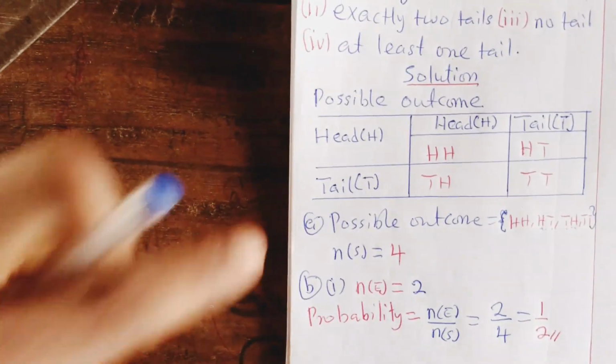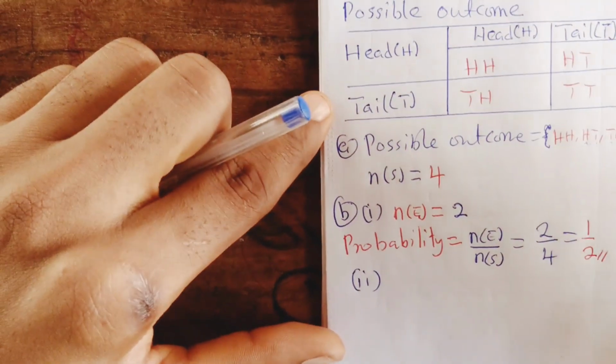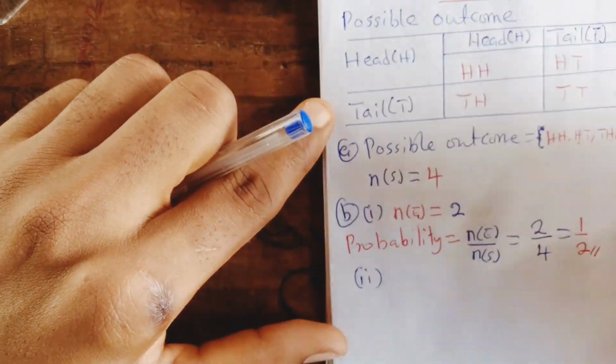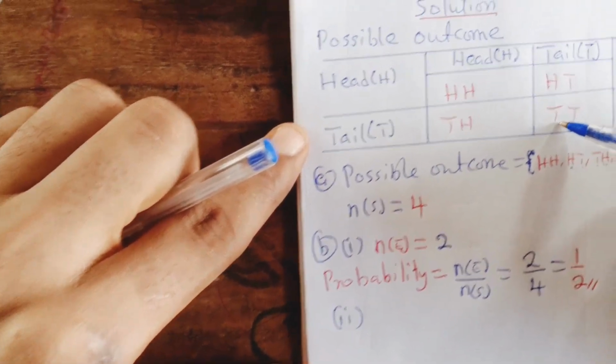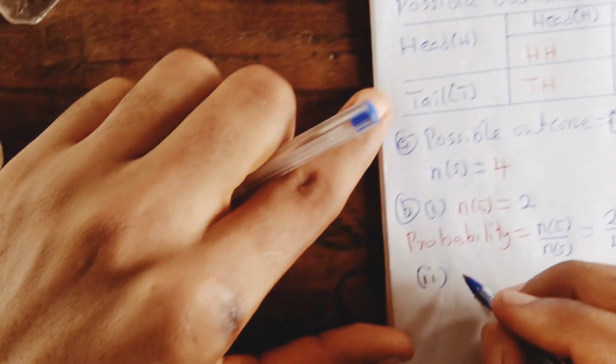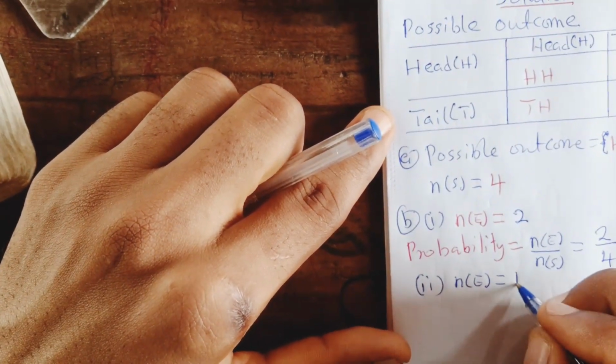Okay, let's come to Roman number 2. Roman number 2 says exactly 2 tails. And if you look at the table I constructed here, exactly 2 tails is just 1. So here, number of E is equal to 1.